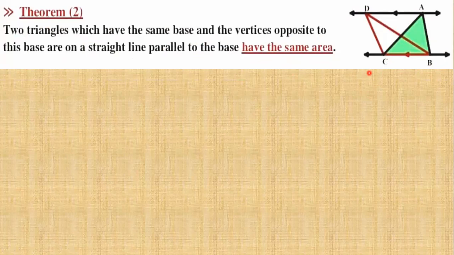So areas must be equal also. Area of triangle ABC equals area of triangle BCD. And also, triangle ABD and triangle ACD are equal in area. Or they are equivalent. The meaning of the word equivalent is equal in area.